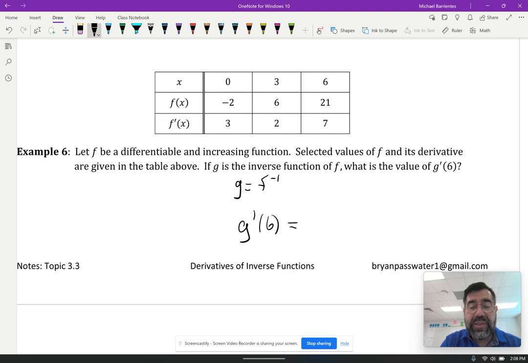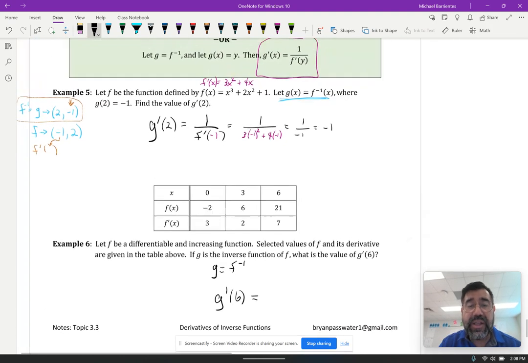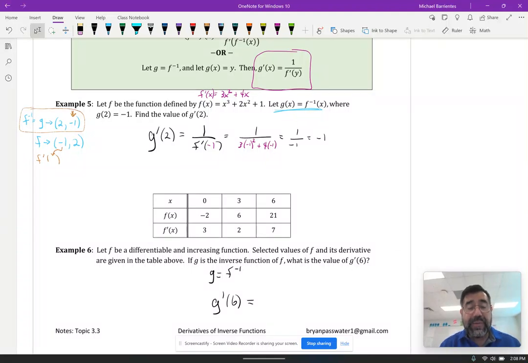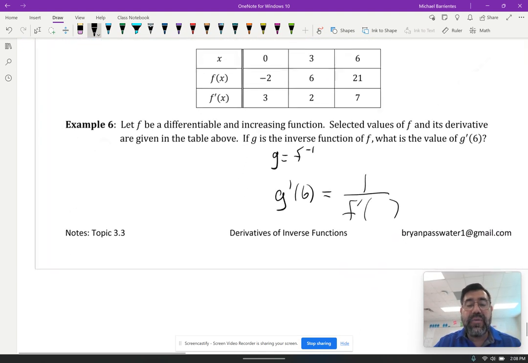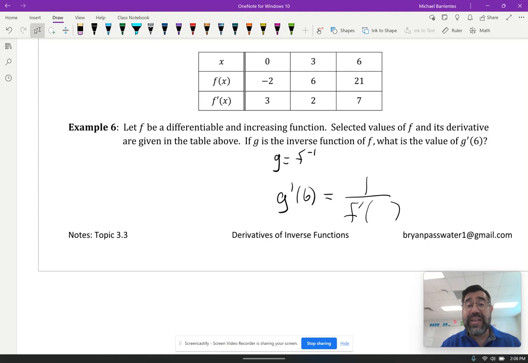And so what we just said and what we saw in that green box is that if I'm looking for the derivative of this, then I need to find 1 over f prime, but not f prime at 6. I need to find the coordinate that goes with it. So now let's think about what this table tells us. This table gives us nothing about g. It only tells us about f and f prime.